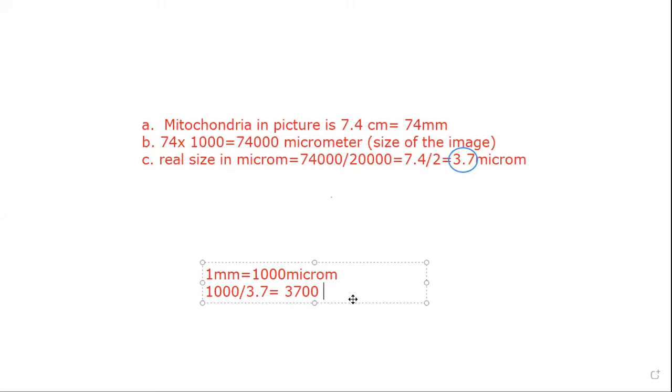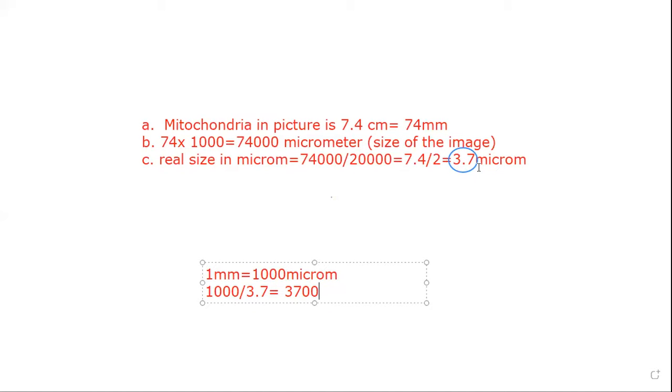In the answer, the answer is given wrong. Okay, what is the answer then? 270. Okay, the answer is given wrong, is it? Let me do the calculation by myself. Why is the answer 2.7? Because here 7.4 by 2 is equal to 3.7, isn't it? Yes, ma'am.